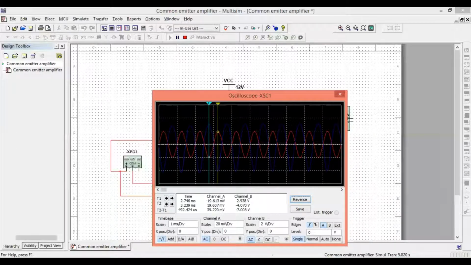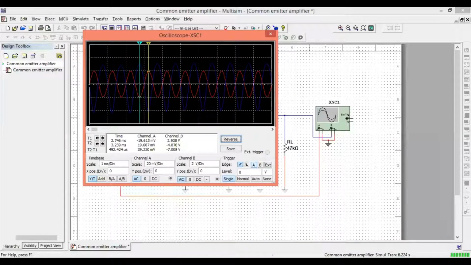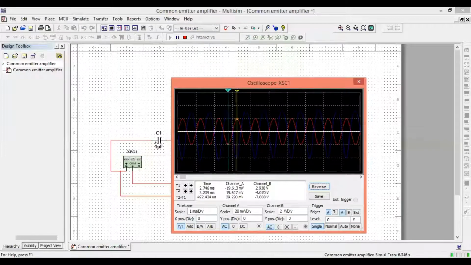So by placing the first on the positive peak and the second channel on the negative peak, you people can easily measure the output voltage. So actually channel A is the input signal and channel B is the output signal.